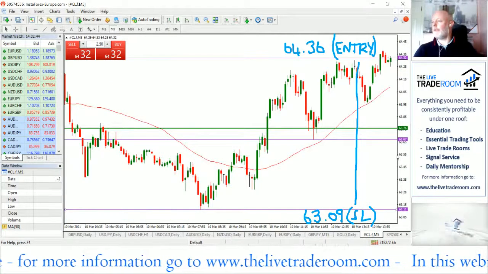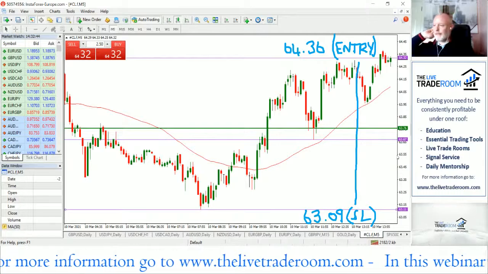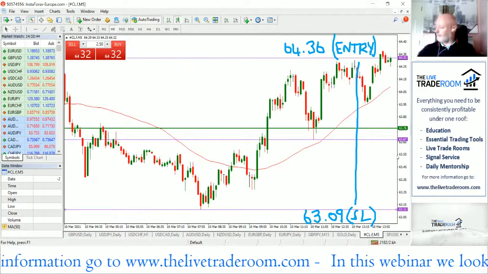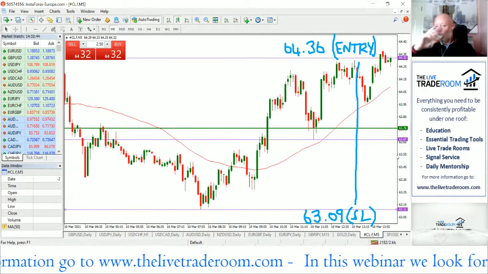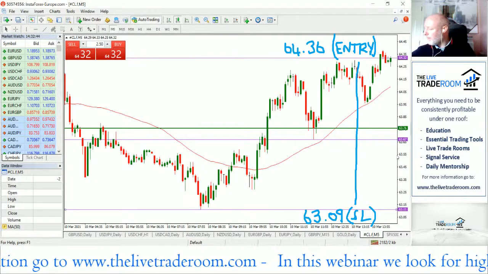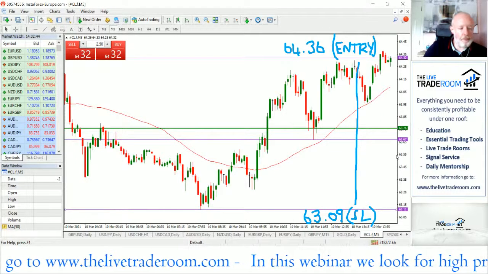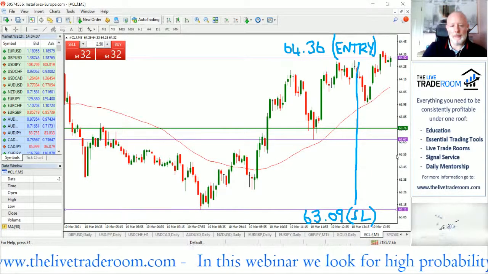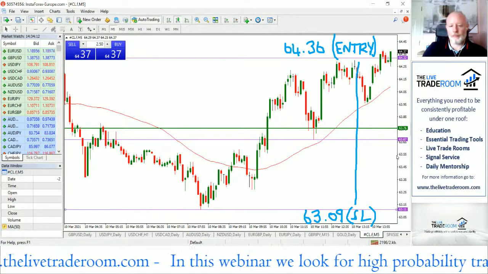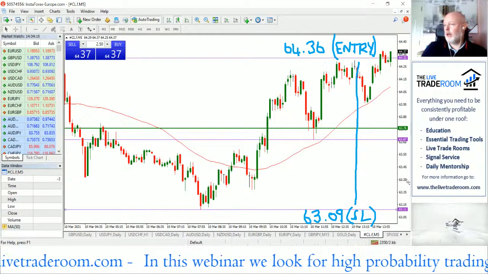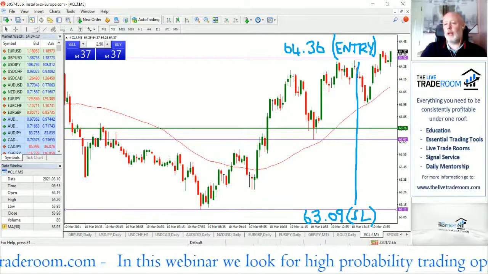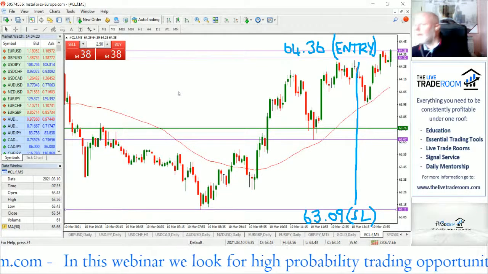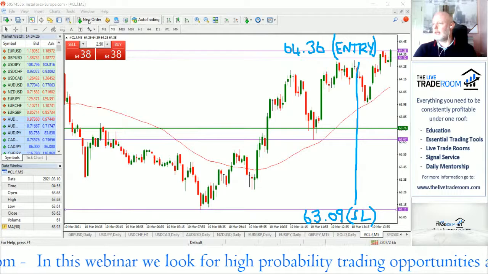We're going to take this trade on a 5-minute chart, so we just want to see conditions that are favorable on a 5-minute chart to the upside. Okay, so now we're getting that little move, and now we can look to get into this trade.